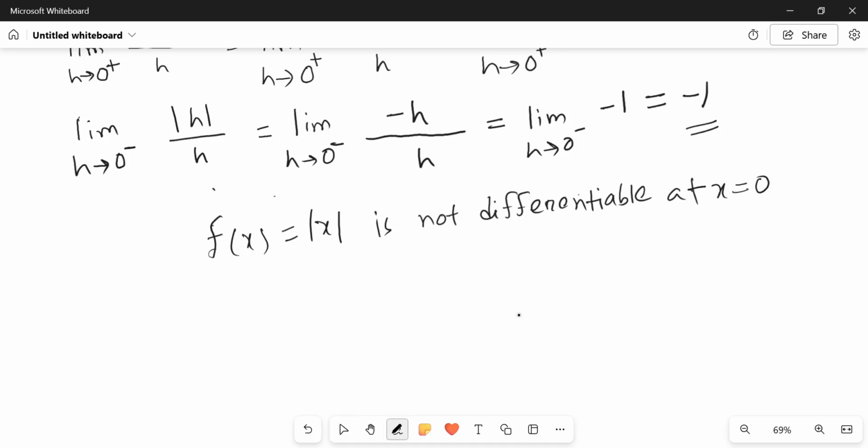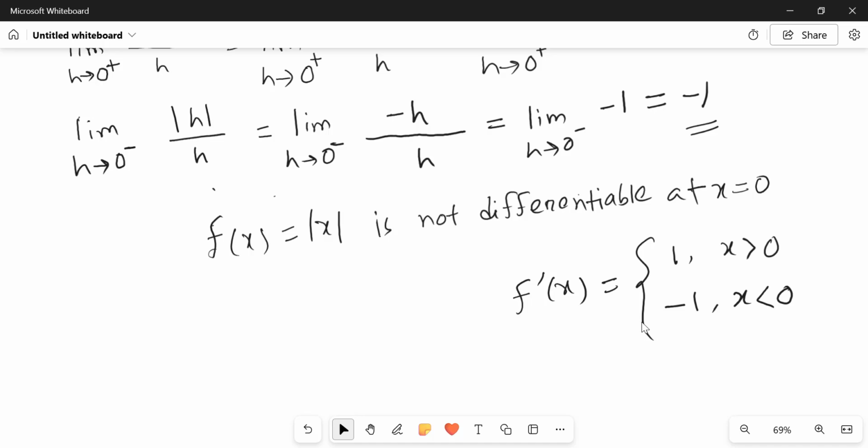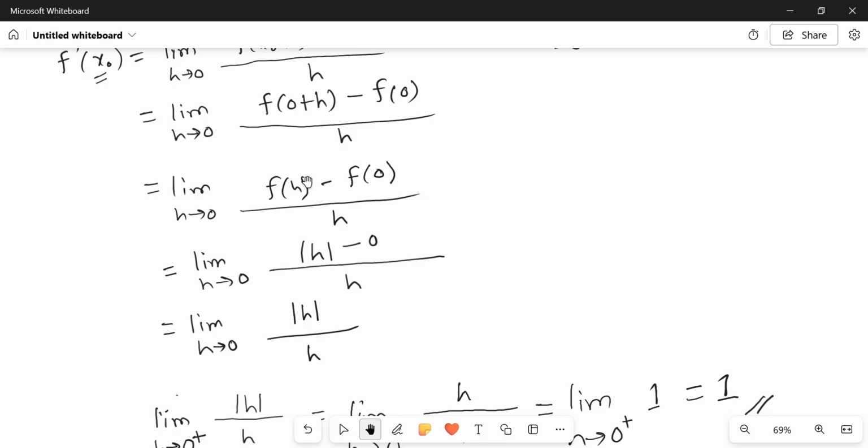f prime of x will be 1 when x is greater than 0 and minus 1 when x is less than 0. We can write this from our piecewise function that we had.